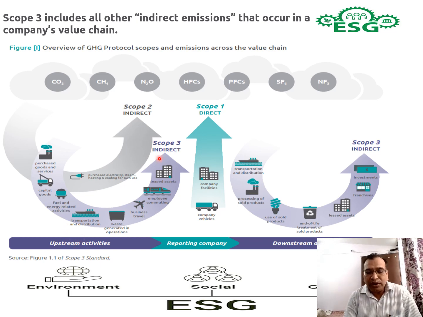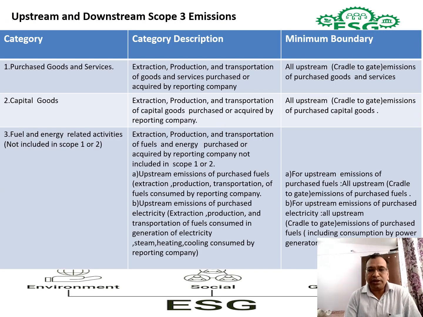We will see point by point, and whatever the categories are in Scope 3, we will see in the next slide. In tabular form I have included all the upstream and downstream Scope 3 emissions. Now we will see point by point what these are.